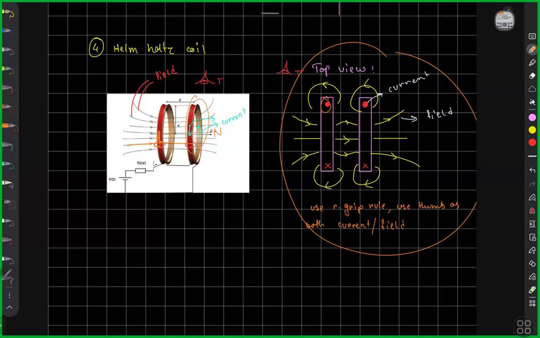Same with the other coil, coming out, going in. And when I draw the field lines out of this, if you use the right-hand grip rule, the thumb is pointing into the page and the rest of your fingers are pointing around, right? Great. And for this one, thumb pointing out of the page, field lines going around in this direction. So what you see ultimately is that the field lines point in this way, and you'll see a bit of wobble over here.